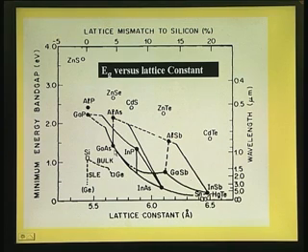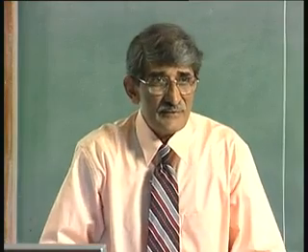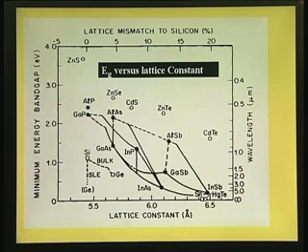You can make a compound which consists of gallium, arsenic and phosphorus, gallium arsenide phosphide or gallium arsenic phosphide, whichever way you want to call it, ternary. So, what is shown here is you can make ternary using gallium phosphide and gallium arsenide. Now, remember, gallium arsenide is a direct band gap semiconductor.